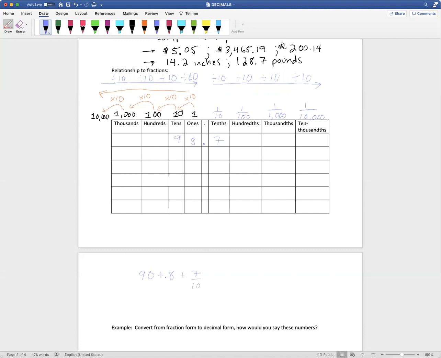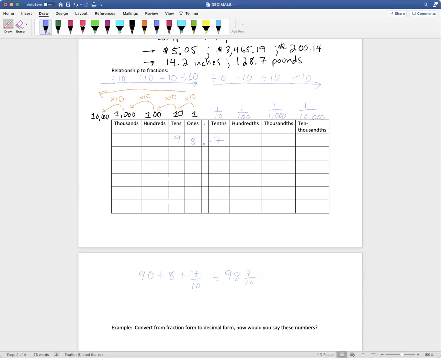So 98.7 degrees is the same thing as saying 9 tens, which is the same thing as saying 90, 8 ones, which is the same thing as saying 8, and 7 tenths, which is the same thing as saying 7 over 10. So regarding what it looks like in fraction form, 90 plus 8 plus 7 tenths, that's the same thing as saying 98 and 7 tenths.